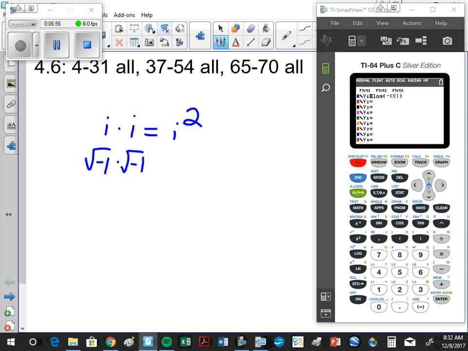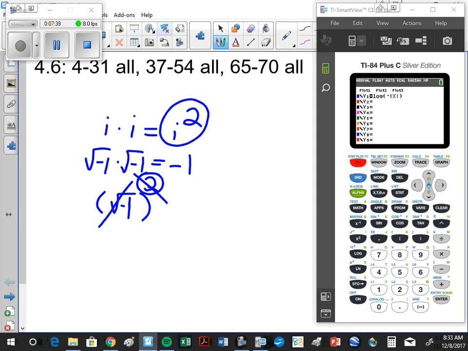Well, according to the pattern, it has to be -1. It just has to be the stuff on the inside, because the square root of x times the square root of x is x. Right? And the way you can see that is if we write it this way: the square root of -1 raised to the second power. The second power cancels the square root, and we're left with -1.